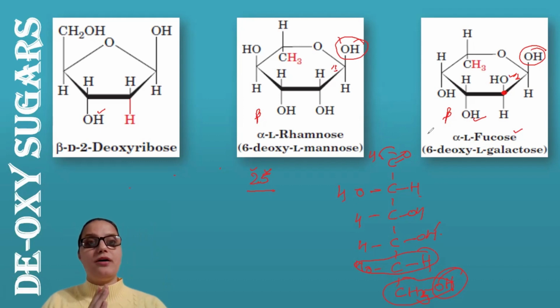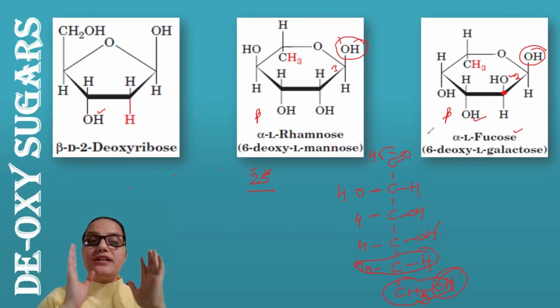If in the D forms the beta isomer is formed when OH points upwards, for the L form, the beta isomer is formed when the OH group points downwards. Whenever it points upwards for the L forms, it is the alpha isomer.